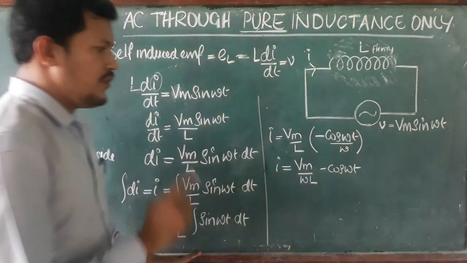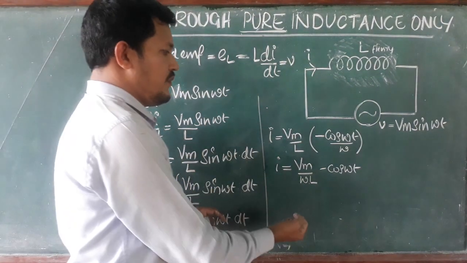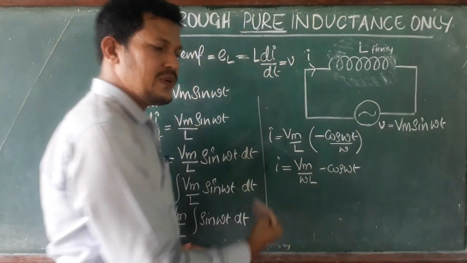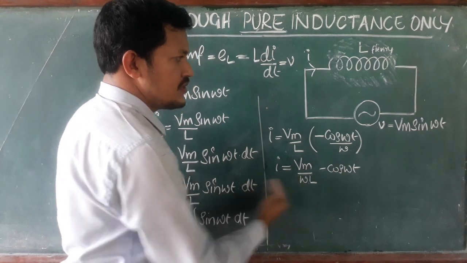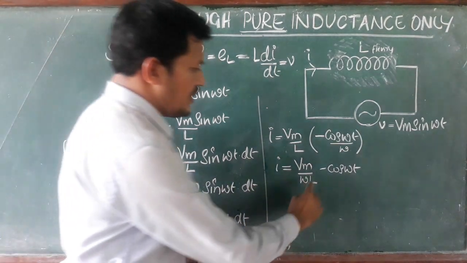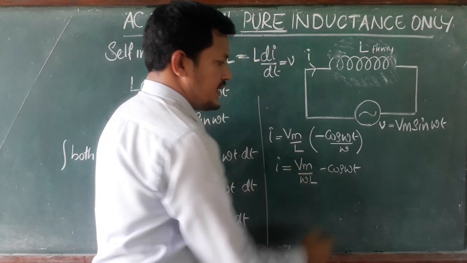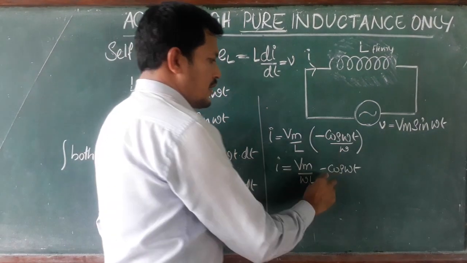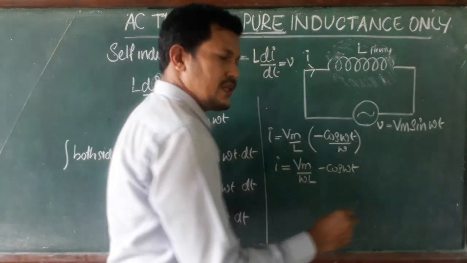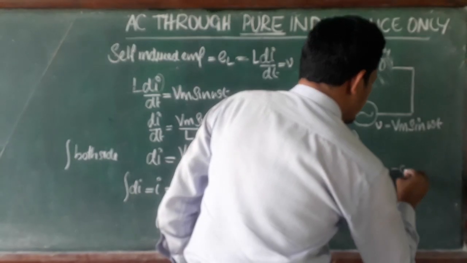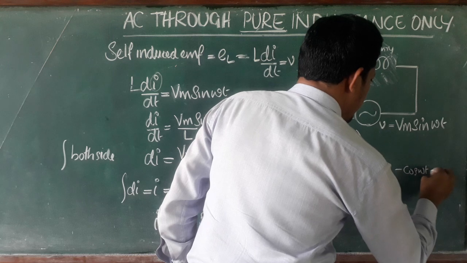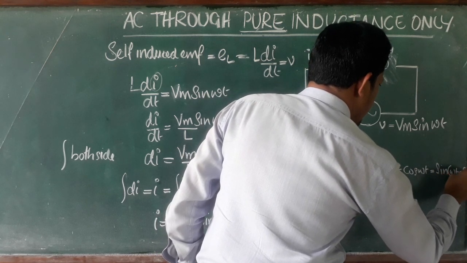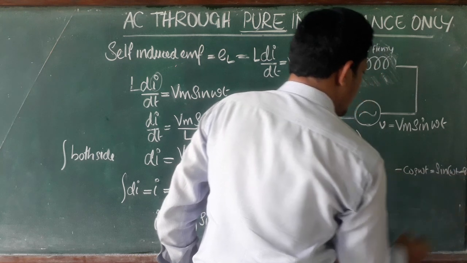Now we want the expression in terms of the voltage we have, v equals Vm sin omega t. So we are going to convert I also into a sinusoidal waveform. We convert minus cos omega t into a sine function: minus cos omega t equals sine of omega t minus 90 degrees.